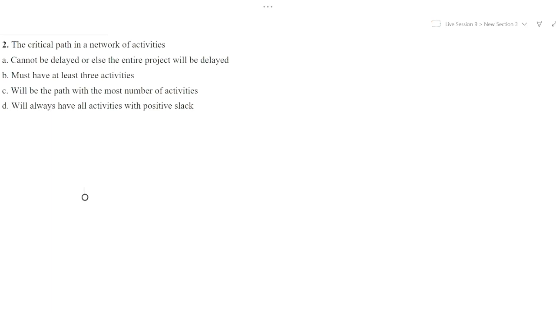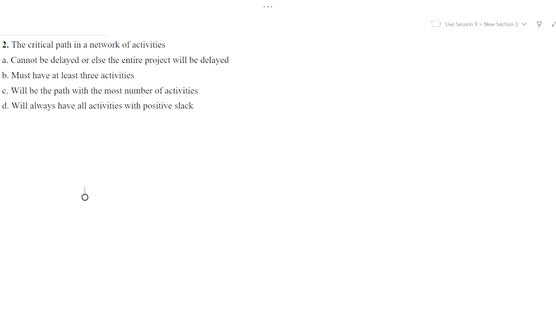The critical path in a network of activities cannot be delayed, or else the entire project will be delayed. Must have at least 3 activities. Will be the path with the most number of activities. Will always have all activities with positive slack. So here, as we know, a critical path in a network of activities cannot be delayed.